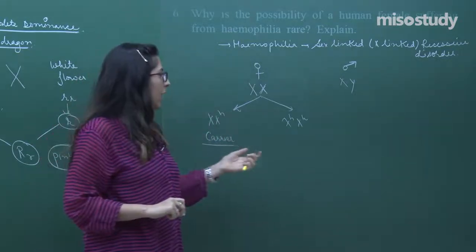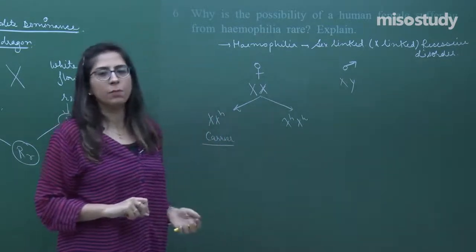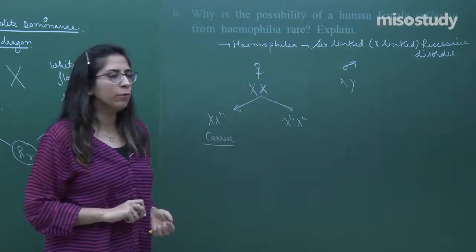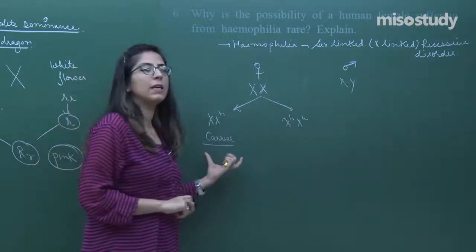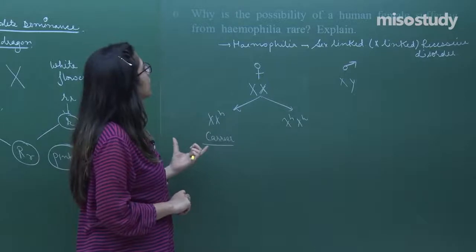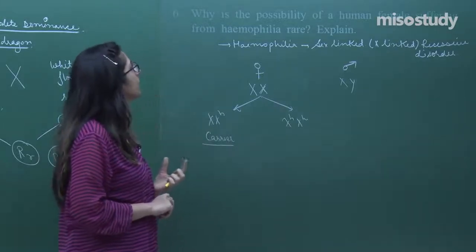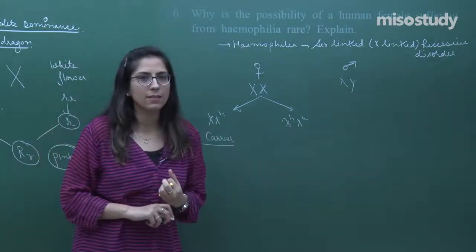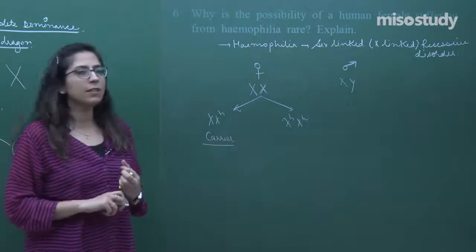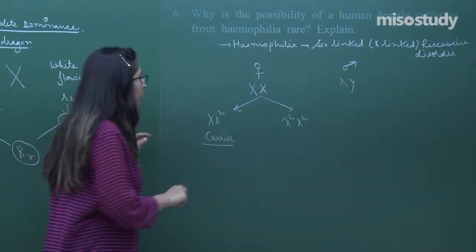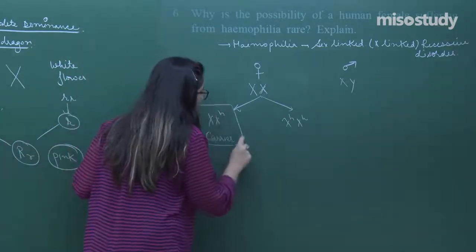Whereas this lady will be suffering from the hemophilia. She will only be a carrier. Question says, why is the possibility of a human female suffering from hemophilia rare? Yes, it is very rare because females are mostly carriers.